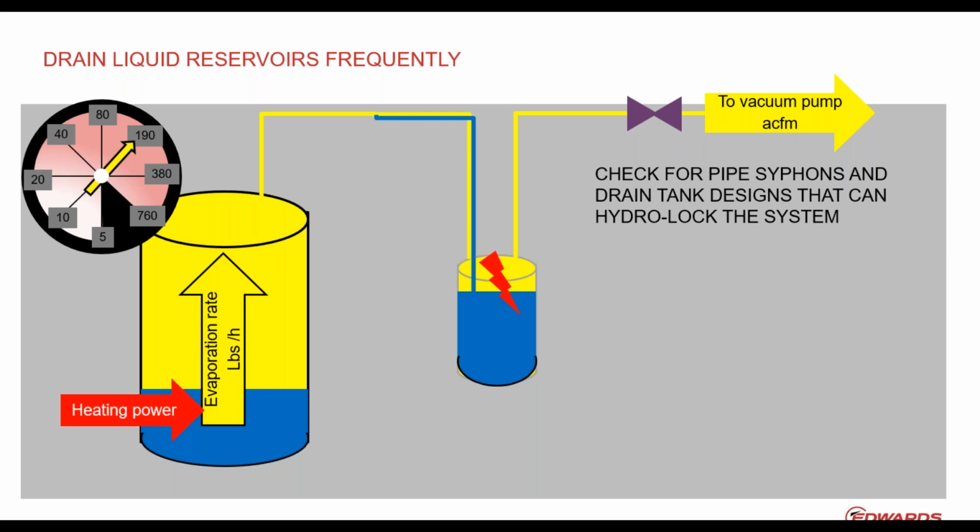Your vacuum pump is pulling on the one side of your siphon or on your drain tank, and in your reactor you basically still have a heating powered evaporation rate that is feeding vapor into your line, into your vapor line, into your inlet line, and where it's eventually condensing, and that condensation effect has a pull. So it's this interrelation where the pressure of your reactor and the vacuum pump's controls, you need to basically just have this sensibility for the balance between the vacuum pumps and the heating power and what's going on in your reactor.